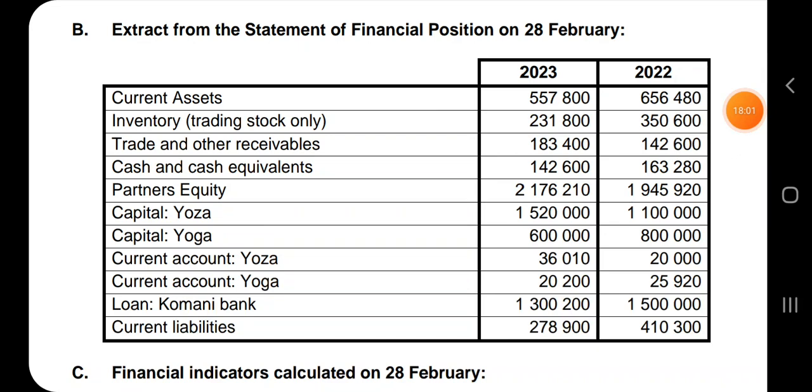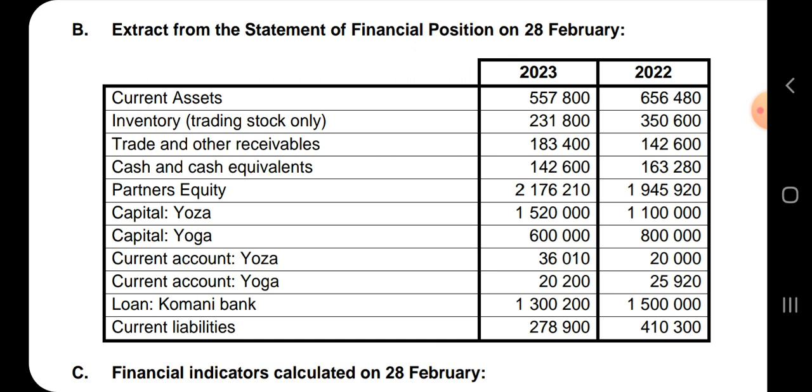So extract from the balance sheet, you are going to take partners equity, which is 2,176,210, and that will be your owner's equity. And then take loan from Komani Bank, that's 1,300,200.